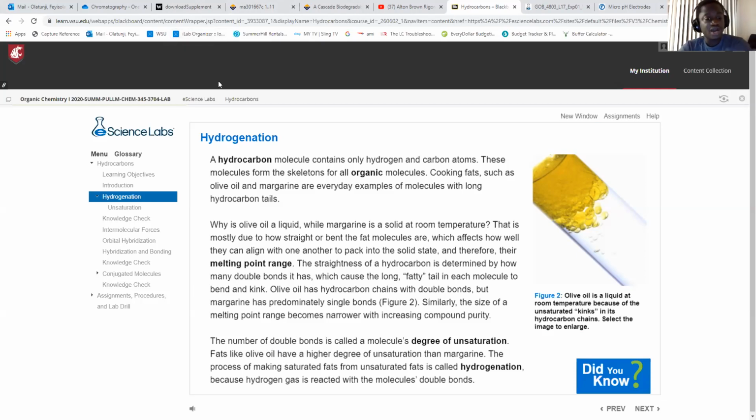And if you have one double bond in a compound, then it has 1 degree of unsaturation. If you have 2 double bonds in a compound, then it has 2 degrees of unsaturation. And unsaturation prevents your compounds from packing really well. I'm gonna explain this properly as we move on. The unsaturation prevents your molecule from packing well because there are kinks in the molecule. It's not as linear, so you can't really pack as well.